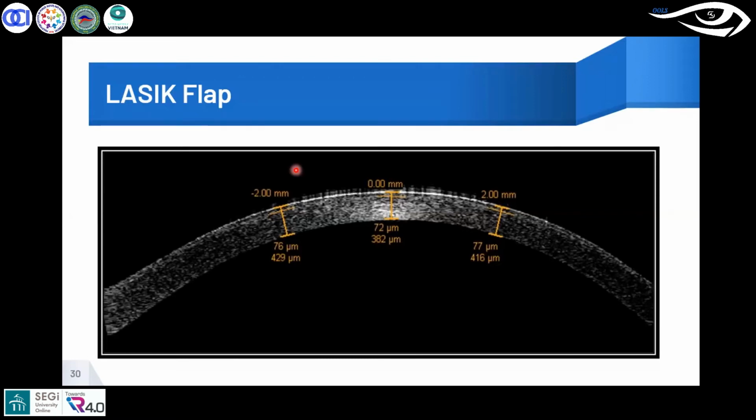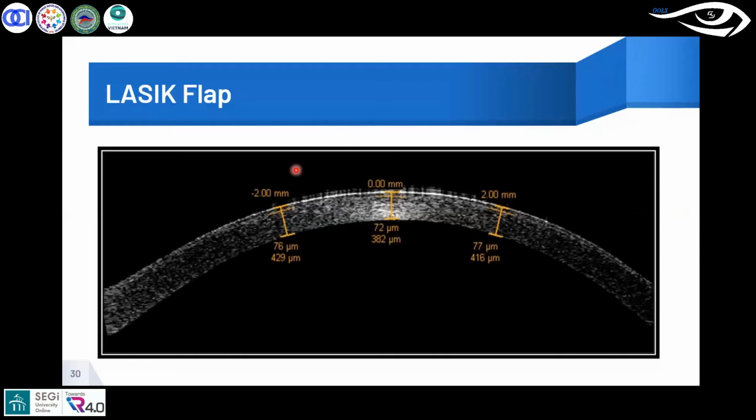So when there is a thinner flap and a thicker stromal bed, there is a decreased incidence of post-LASIK ectasia. That is the purpose why these two have to be measured post LASIK. But very thin flaps can also end up with complications like buttonhole or lacerated or even displaced flaps.